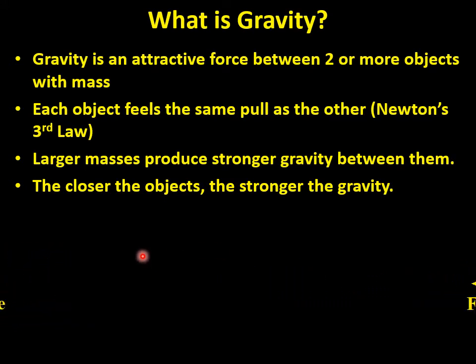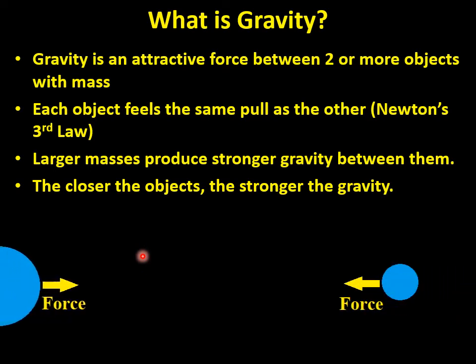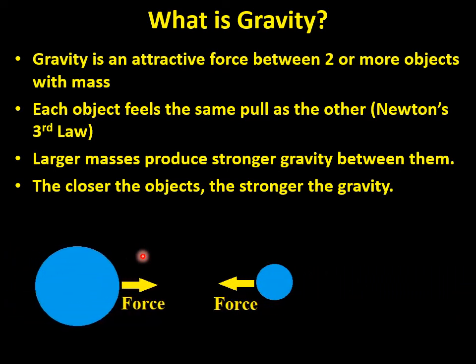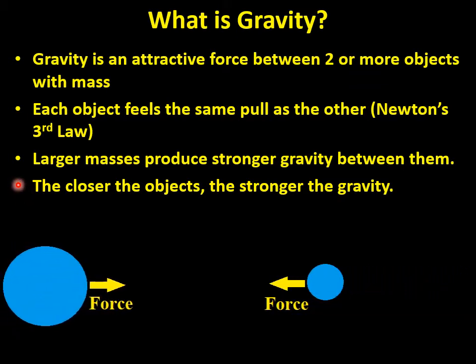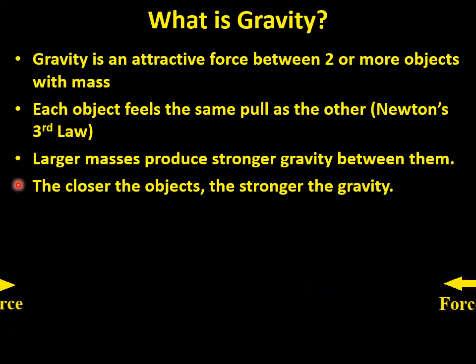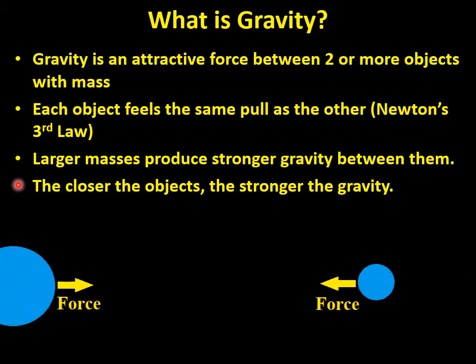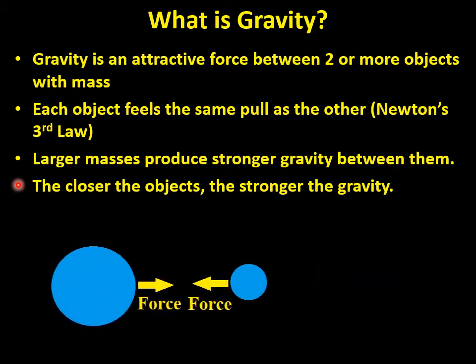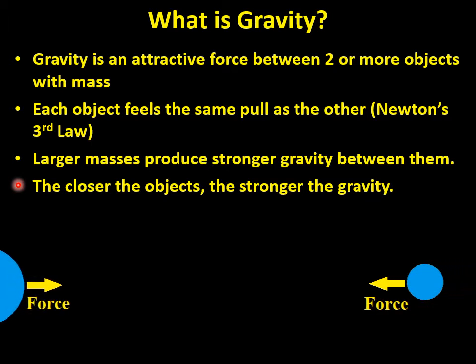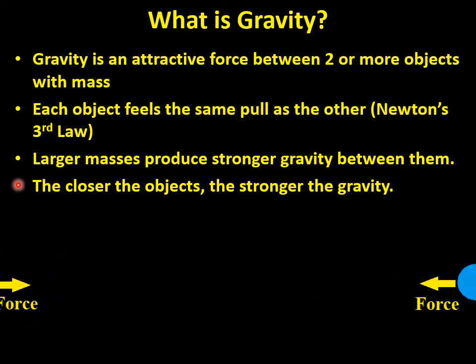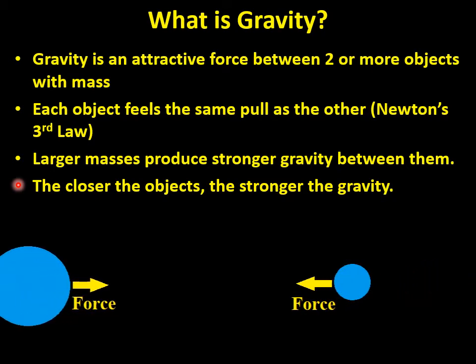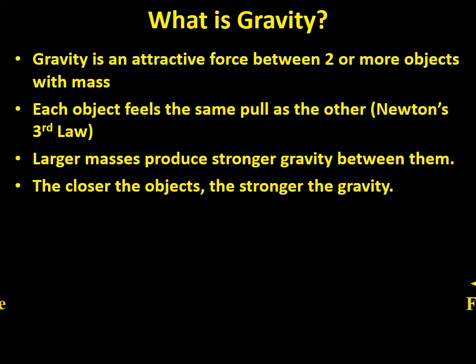But the general trend here is that more massive objects have larger gravity. The other characteristic of gravity is that the closer the objects are to each other, the stronger the gravity. And this makes sense, in the sense that as you're closer to the source of the gravity, the gravitational pull will become greater. We'll look at this more quantitatively in the next slide.